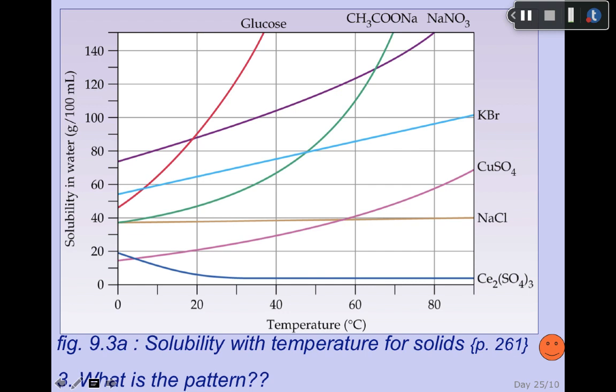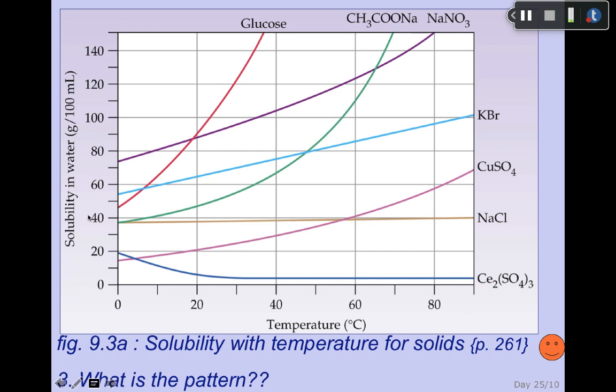Another thing we need to consider in describing solubility is that temperature is a very significant influence. Generally speaking, most things will dissolve better by heating them up, which is exactly what you did in lab with the potassium nitrate. Here's a graph that shows a variety of substances as they are dissolved in water at different temperatures. So in general, most of these things are going to do what?